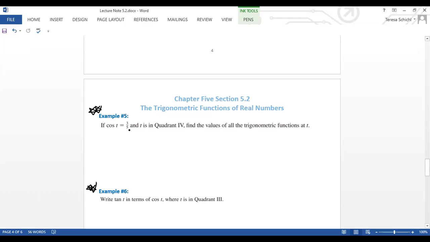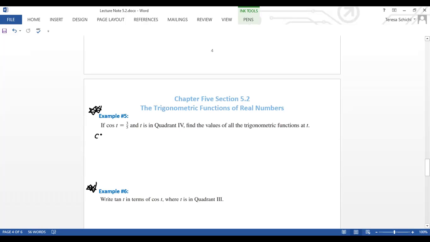Cosine t is equal to 3/5 here. So what do I know about the cosine t? Cosine t is x.